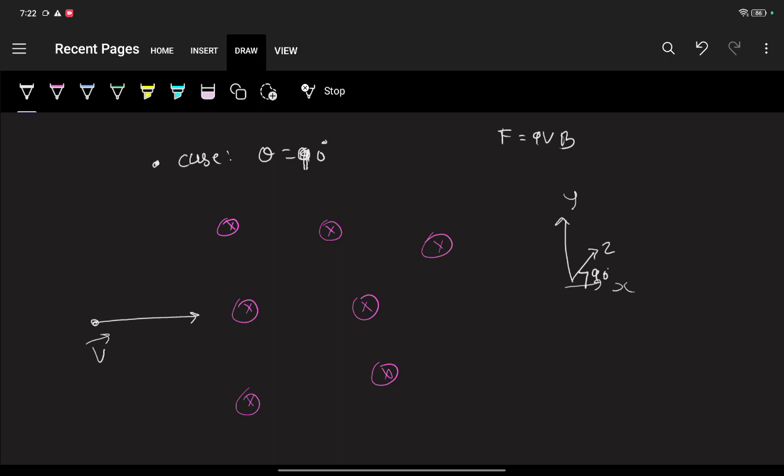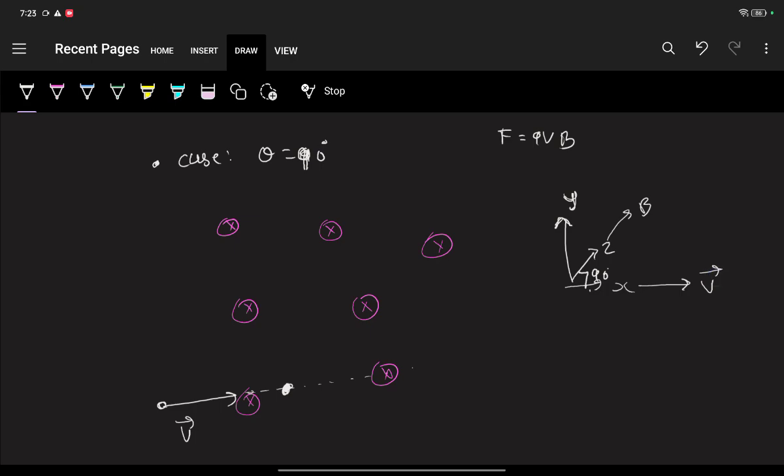So what will happen when the particle enters this uniform magnetic field? The particle would want to go in a straight line, but since the force will act on the particle, first of all the force would be in the y direction, right? Magnetic field is in the z direction, velocity is in this direction.